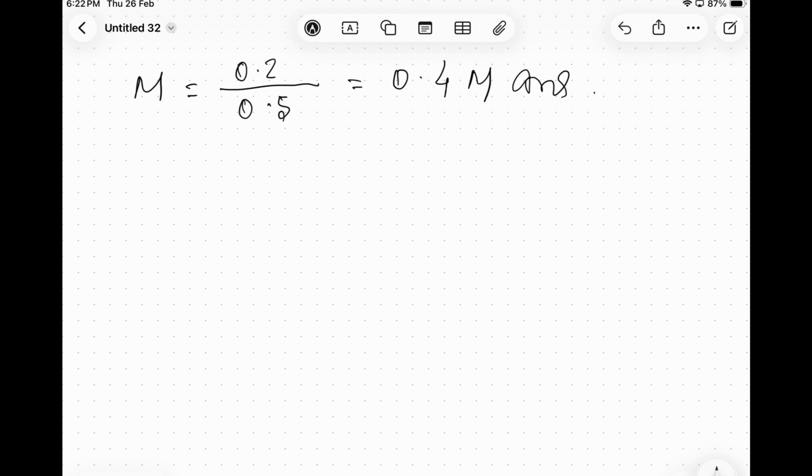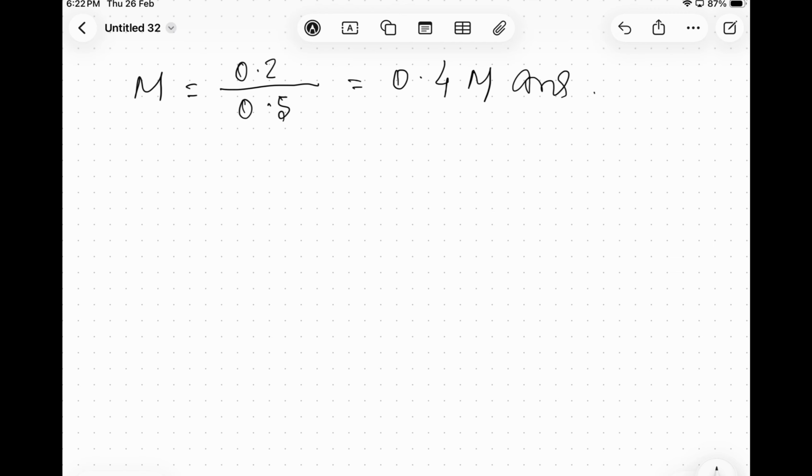Now, what will be the molarity? Molarity will be equal to 0.2 divided by 0.5, and then the value will be 0.4. This is the molarity, 0.4 molarity. That means the answer is 0.4.